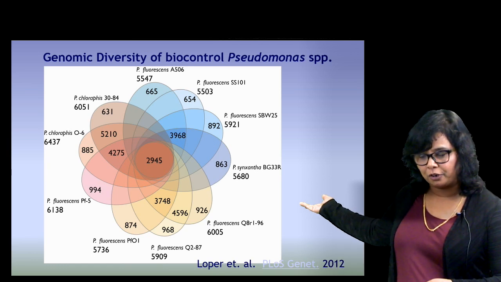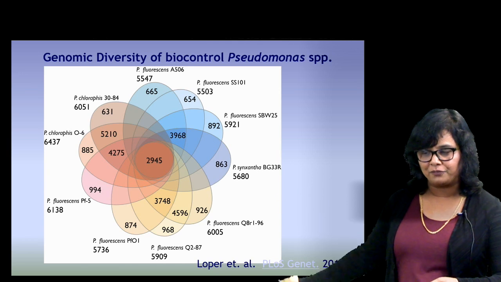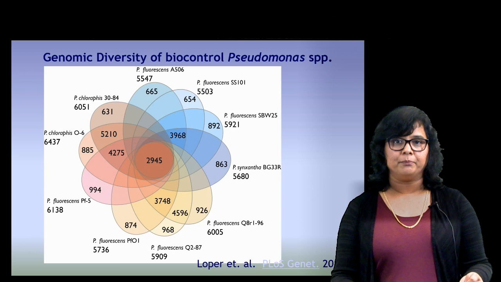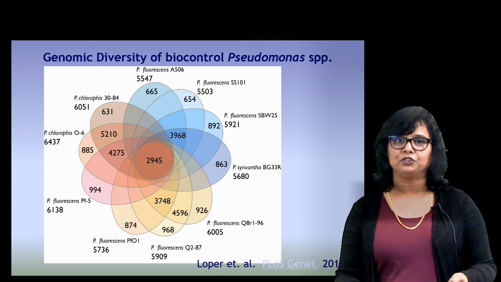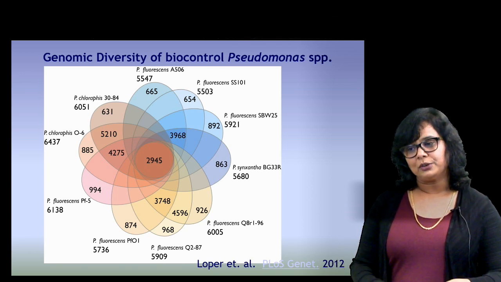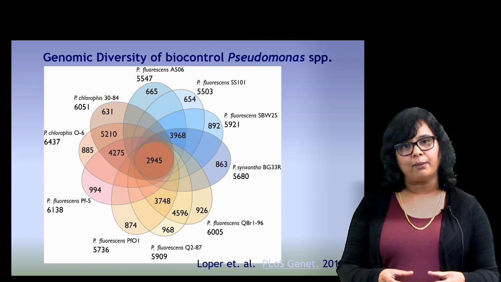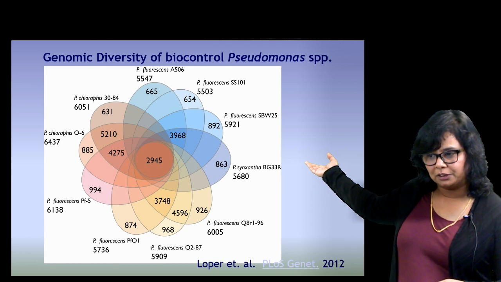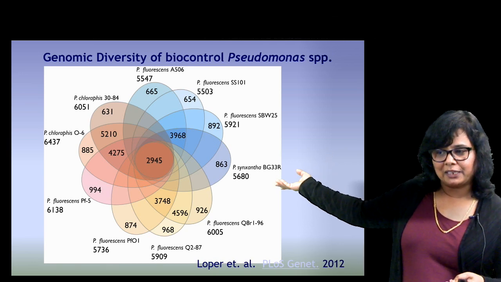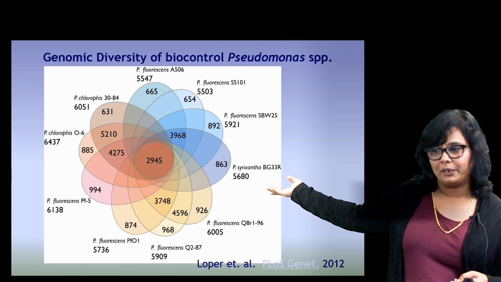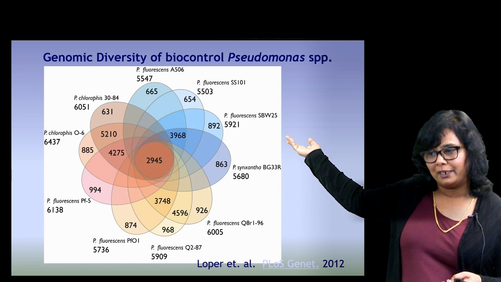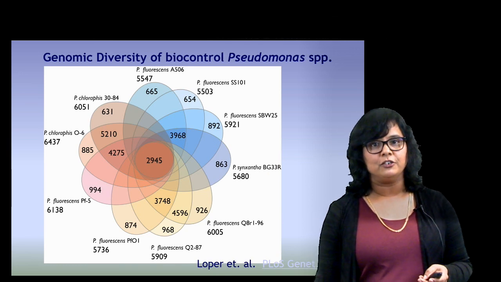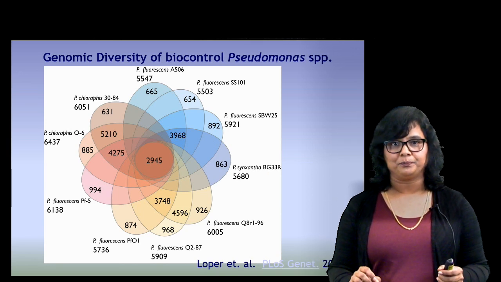So that central circle there, the 2,945 genes, are common to all of these bacteria that belong within this Pseudomonas fluorescens group. So the 2,945 genes make up what is called the core genome. Then you can see that all the ones that are within the blue group, they have 3,968 genes in common. And then if you just pick out one, like P. fluorescens SBW25, it has 892 genes that are unique to itself.